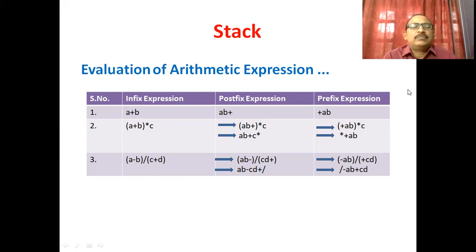So we start by converting A plus B first. A plus B is converted into the postfix expression A B plus, and we write in the bracket times C. Now here you can see there are two operands. One operand is A B plus, and the next operand is C.